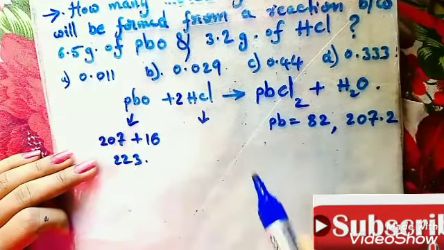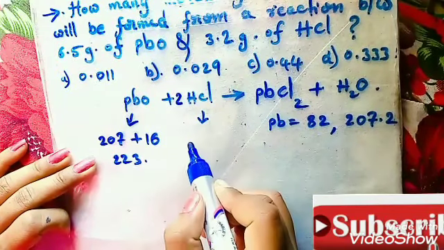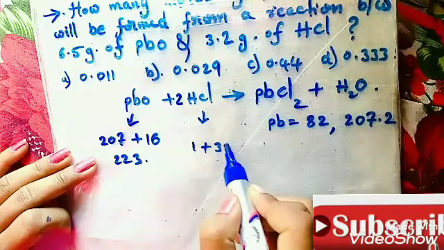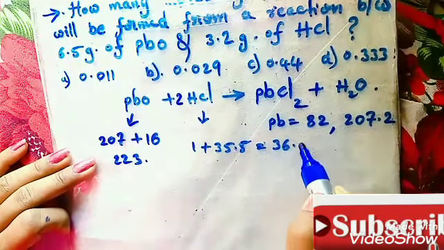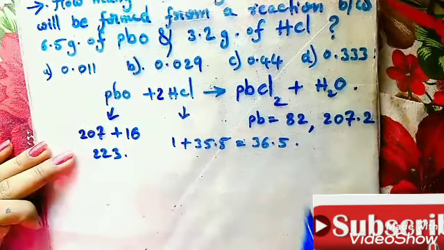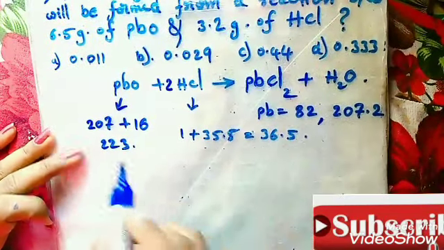And coming to HCl, for HCl also students you have to do like this. For hydrogen the atomic mass is 1 and chlorine 35.5. So 36.5 is the mass. And you have to apply these masses to the chemical equation.